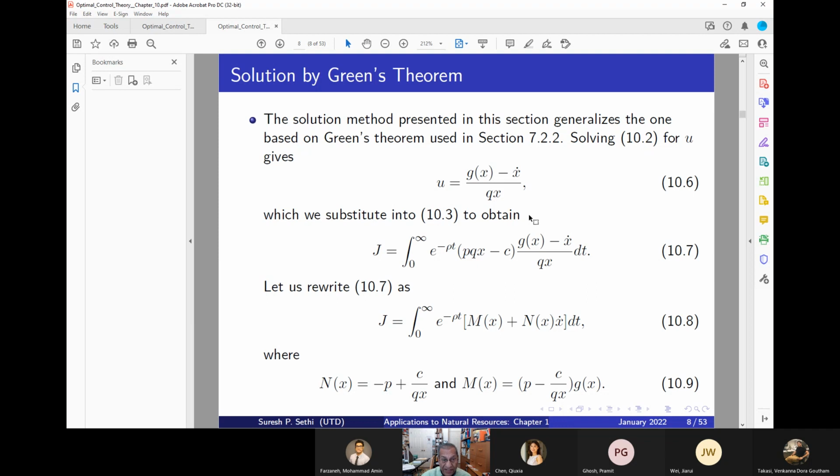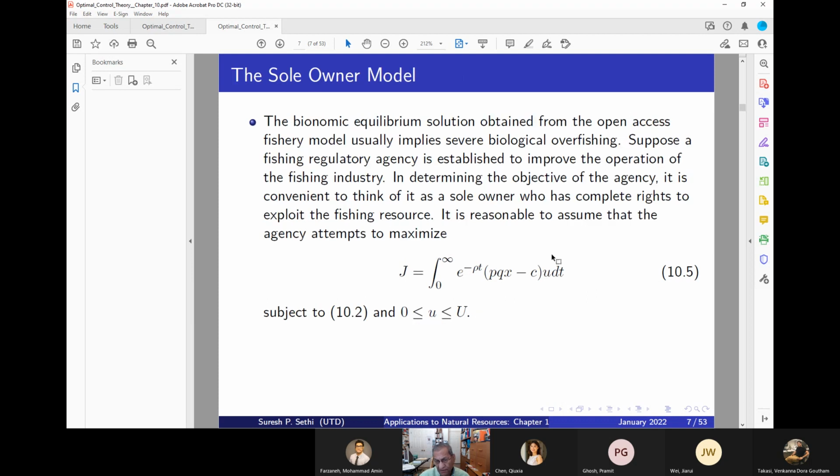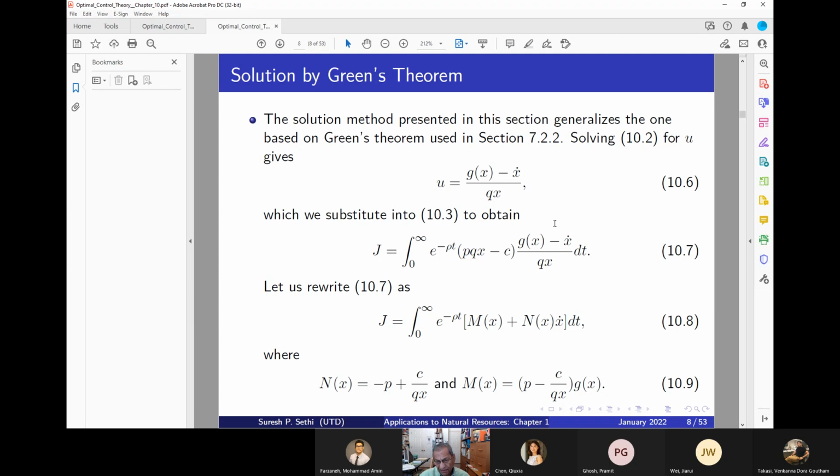And doing Green's theorem, I can solve equation 10.2 for u. I can have u equal to this. Then I substitute for u here, which is right there. And I put x dot from my x dot equation. And when I do that, I can simplify this expression like e to the minus rho t, M of x plus N of x times x dot.